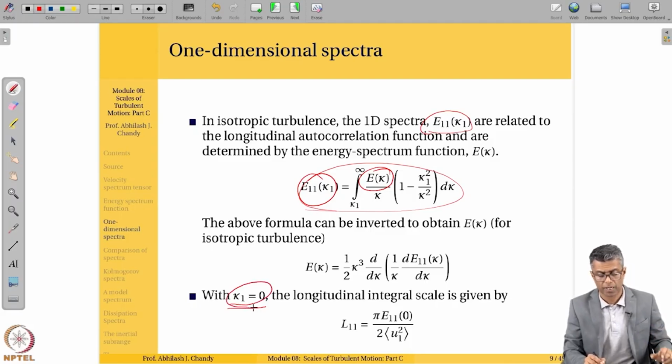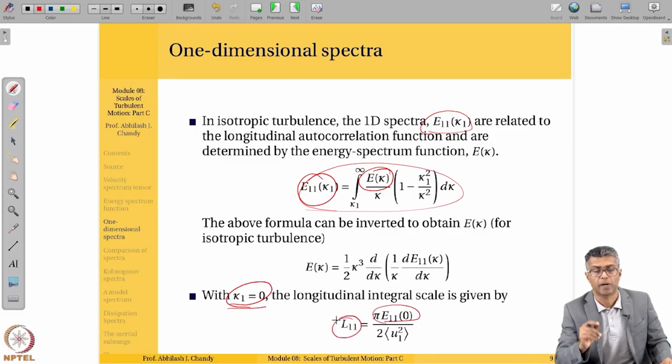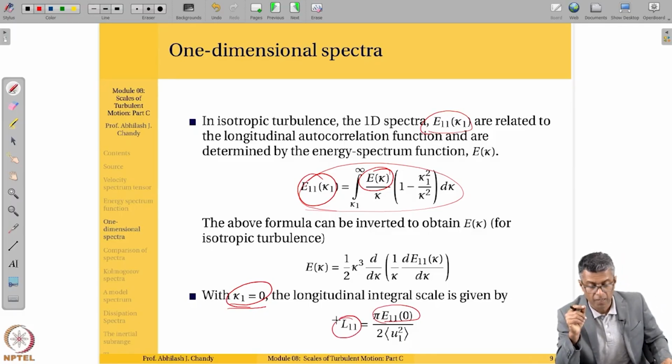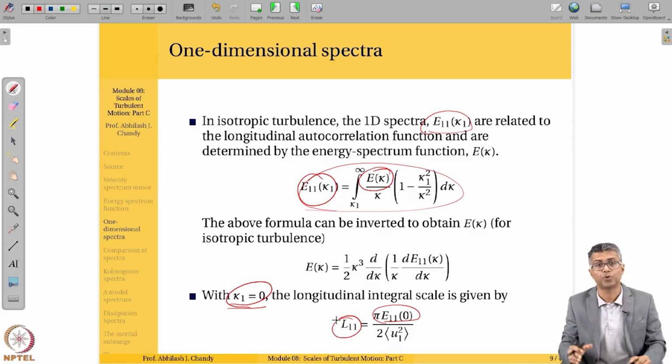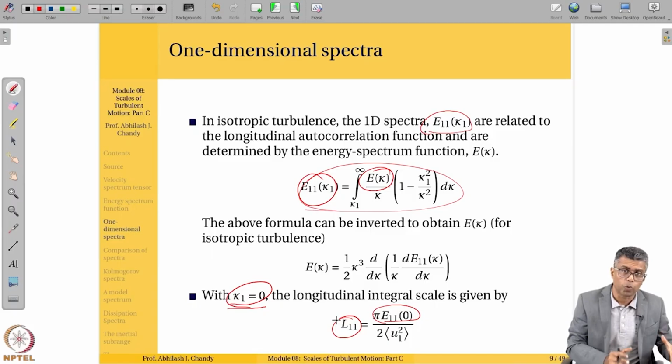You plug in kappa 1 equal to 0 and you get E11 of 0, then you can calculate the integral length scale. So the integral length scale is directly related to the energy spectrum at the lowest wave number. Remember, lower wave numbers are associated with large length scales.